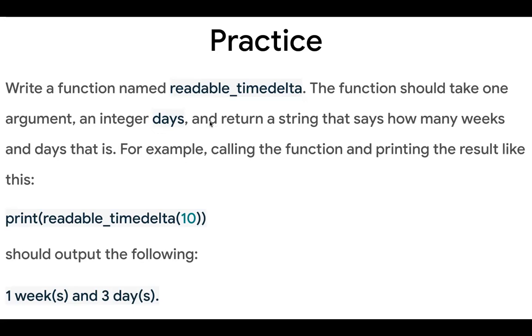Then it will have a return statement, returning a string that says how many weeks and days there are. For example, if it's 14 days, then it's 2 weeks and 0 days. And when we call the function, we will write the name of the function and pass the argument 10, for example. And the answer will be 1 week and 3 days.